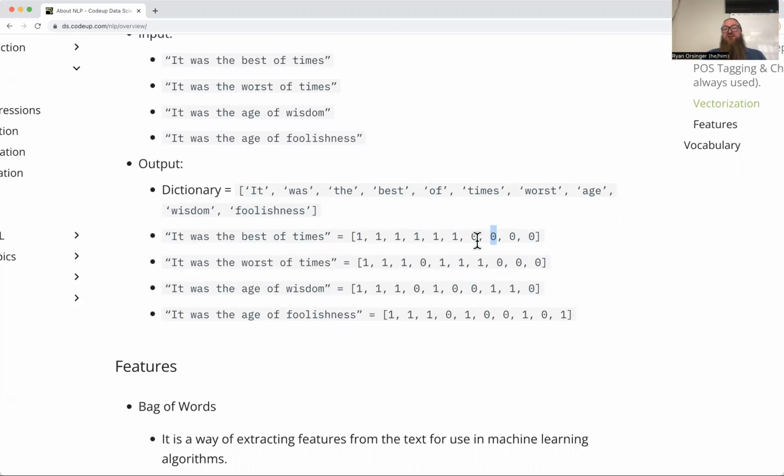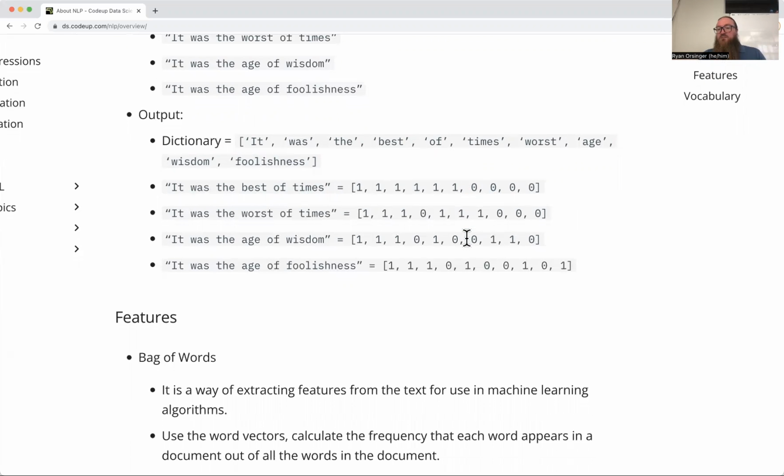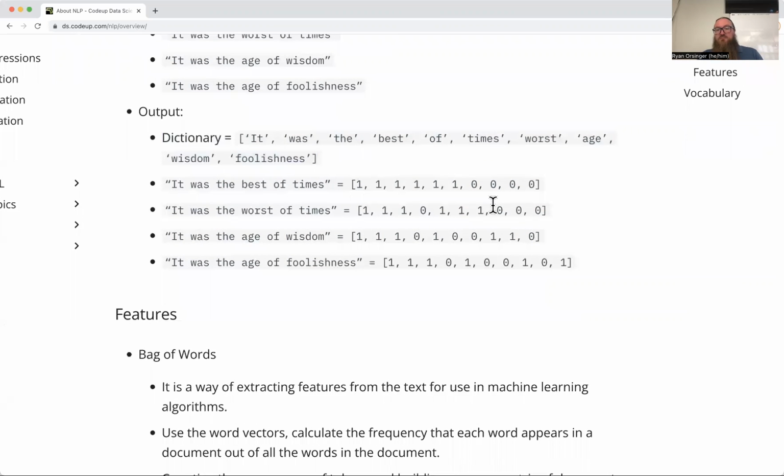Age was not on the first line, and worst was not on the first line. And so we're doing basically counts per word of occurrences. So it was the age of foolishness. Is foolishness turned on or off? It's turned on. That's vectorization in a nutshell.